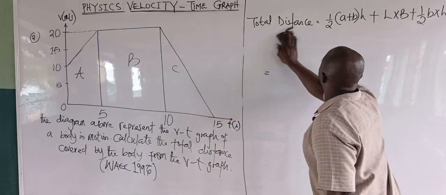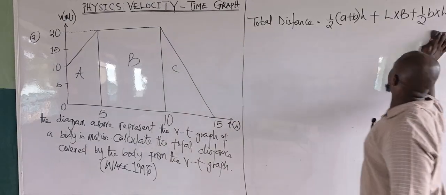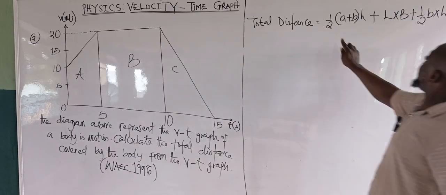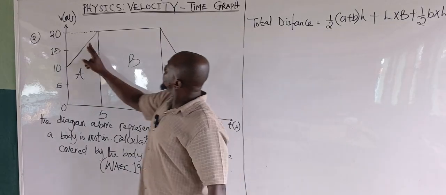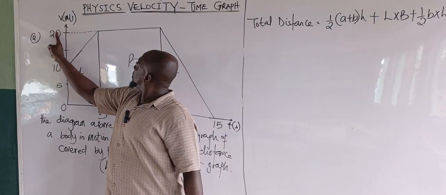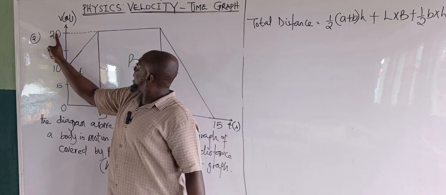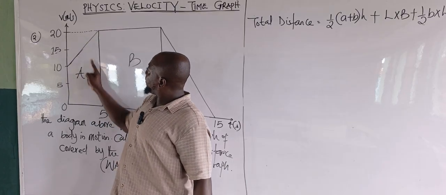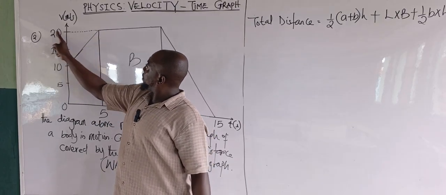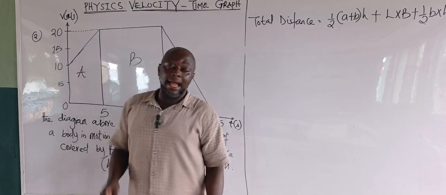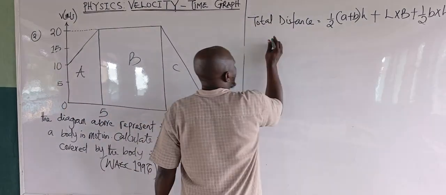For a trapezium, this part here becomes my 20, which is my A, while this becomes my B, because this is where the body starts from. This is 20, this is my B, while this becomes my height.